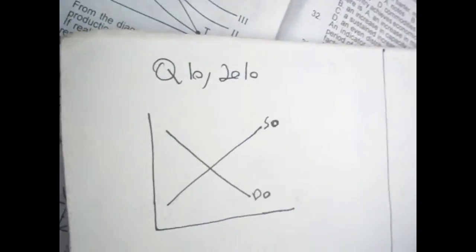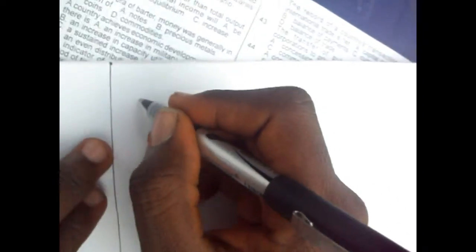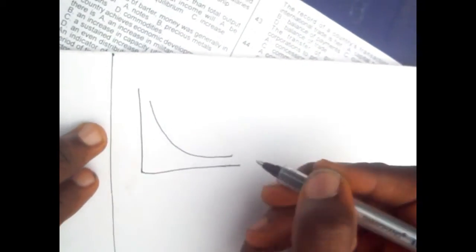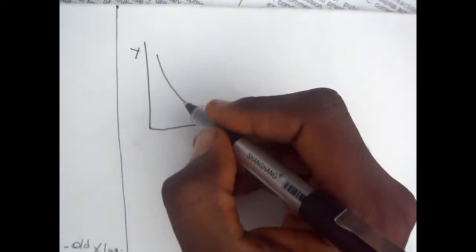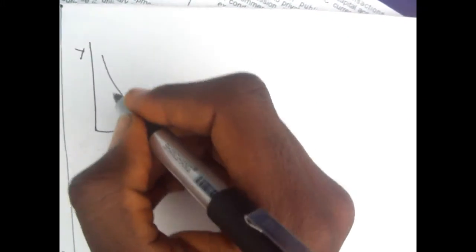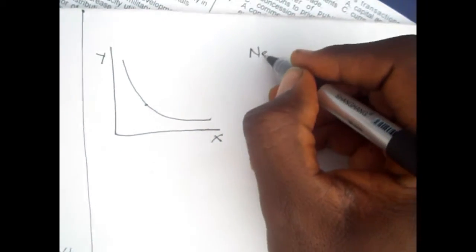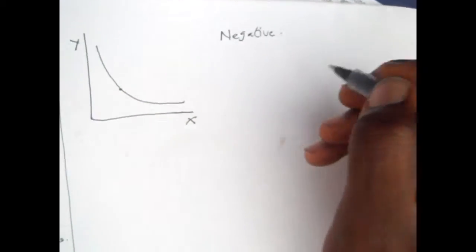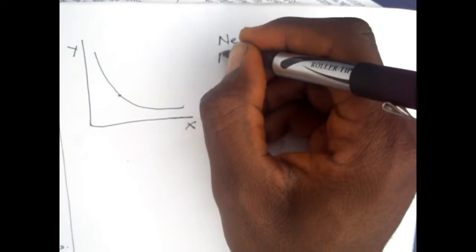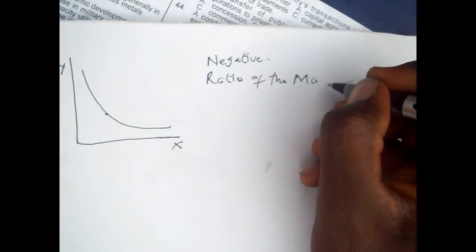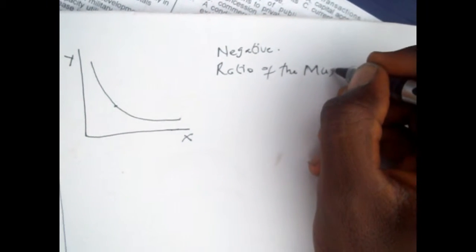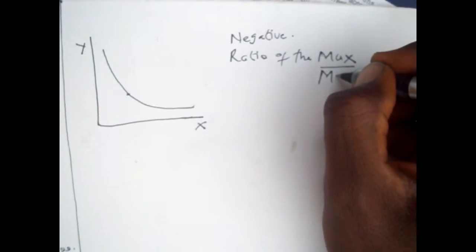So under this approach we have something called the indifference curve. So the indifference curve looks like this. The indifference curve is a locus of points showing the combination of two commodities x and y that yield equal satisfaction to the consumer. And I just want you to know that the slope of the indifference curve is negative, and it is the ratio of the marginal utilities of commodity x and the marginal utility of commodity y.